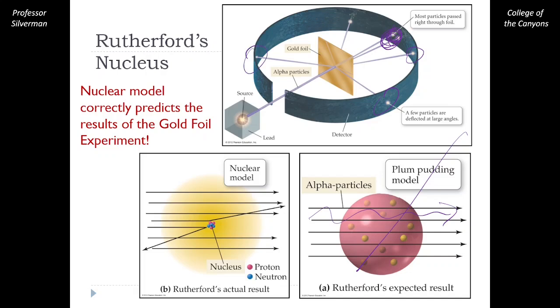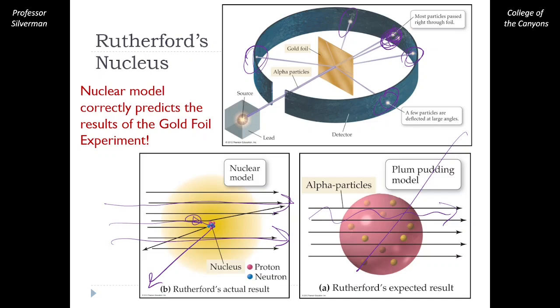Whereas our nuclear model of the atom says, okay, most of our particles will pass right through, but every once in a while you might hit that nucleus, collide, and bounce off, which will result in some of these little deflections, like a bullet bouncing off your piece of paper if you happen to hit the very center of that atom.